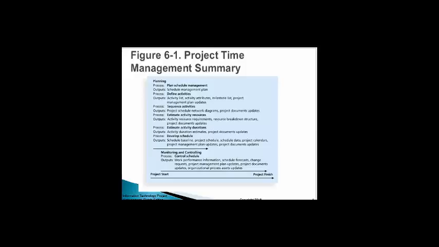We're going to try to sequence the activities correctly and make network diagrams. Estimate the activity resources involved. Resources, of course, people, equipment, and materials. Estimating the activity duration, developing a schedule, and then, of course, controlling the schedule. And the output of that would be our project time management plan.